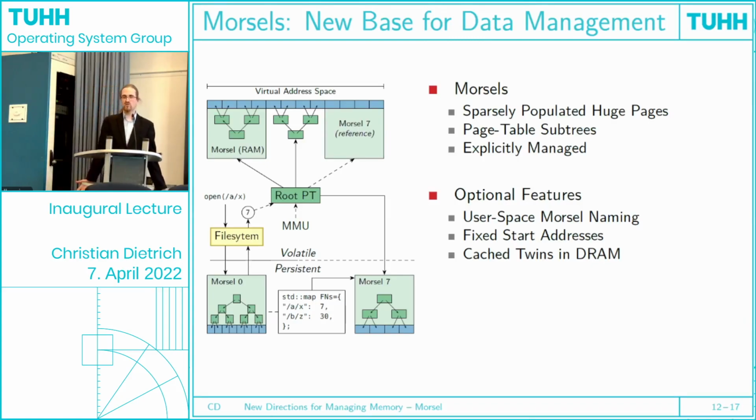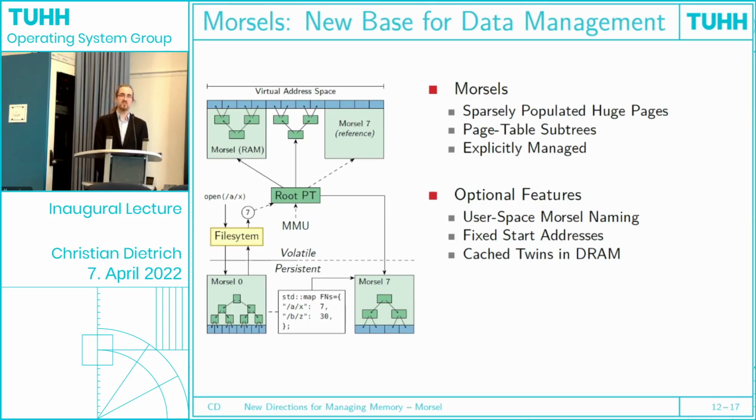But we cannot only do hierarchical file systems by that, but we could also just put the morsel numbers within your SQLite database, and then you have an SQL structured file system. So this is also an idea that we want to do.